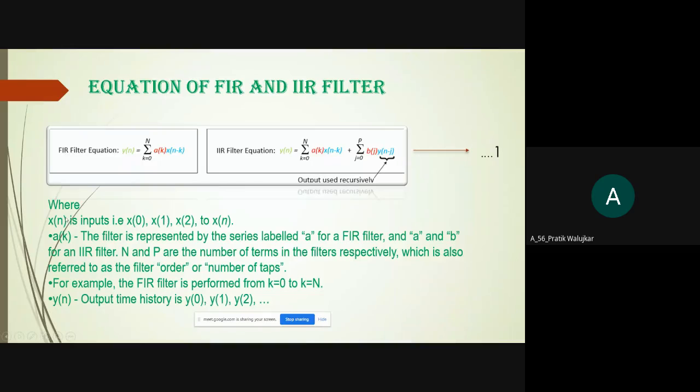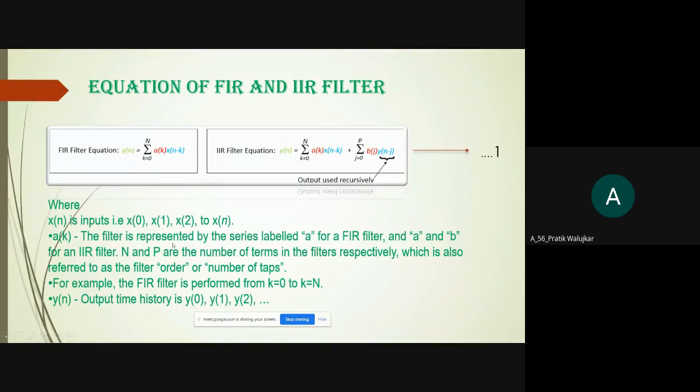In this equation, x of n is the input, that is x of 0, x of 1, x of 2, up to x of n, and a of k is the filter, represented by the series labeled a for a FIR filter, and a and b for an IIR filter.